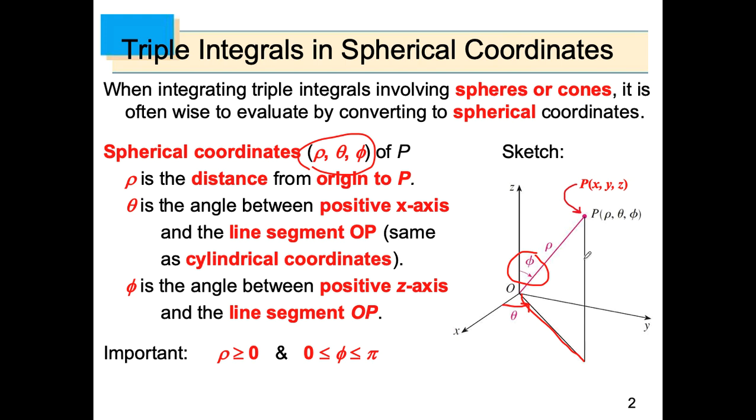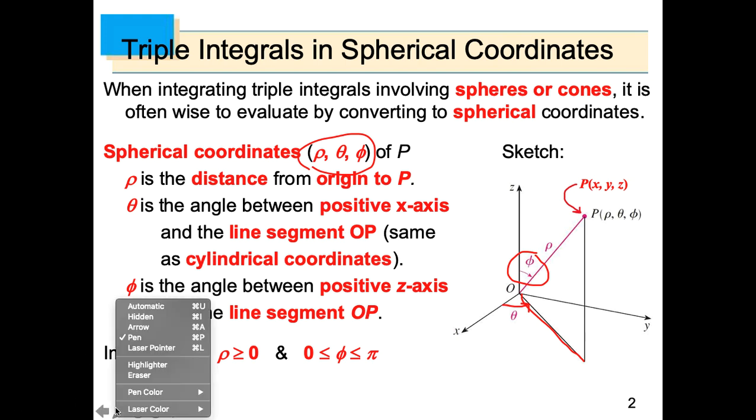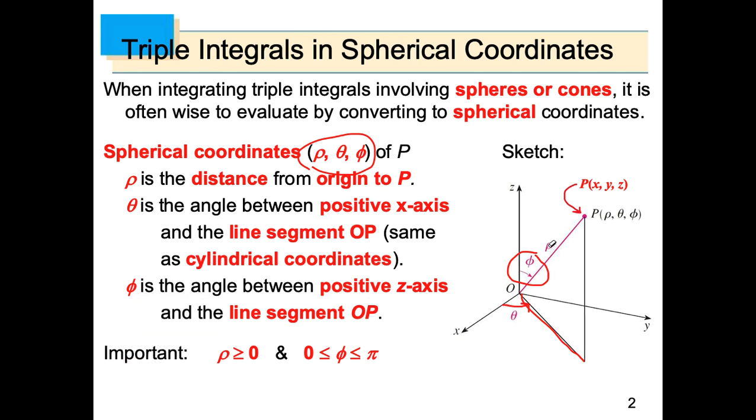That's the first fact. The second fact I want to point out is that phi must be between 0 and pi. The reason for that is that between 0 and pi, from 0 to pi over 2, gives me points from the top half of the sphere, the upper hemisphere.